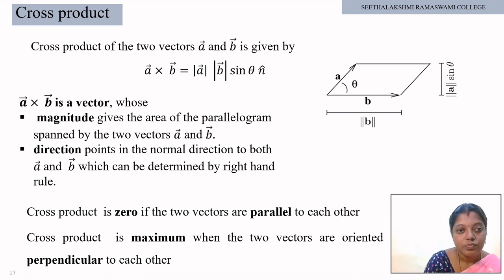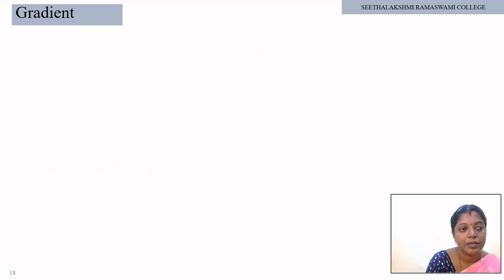So with this vector multiplication, we move on to vector differentiation or vector calculus. Firstly, there are three types of vector differentiation. One is gradient, the other is divergence, and the third is curl. First, considering the gradient, it deals with a scalar function.